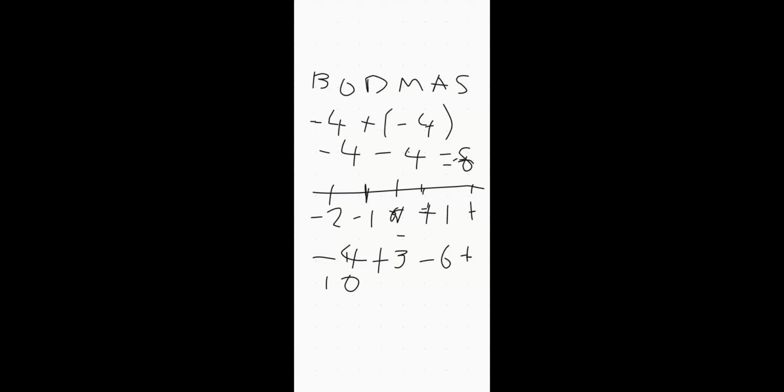So starting from the left-hand side, what I see first is minus 4. You now have plus 3. Now, remember the one we did earlier was minus 4 minus 4. When you have minus something plus something, it's a bit different.